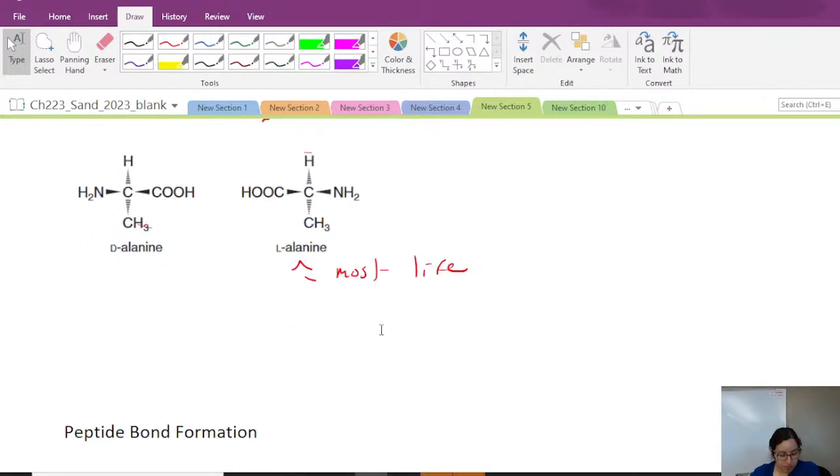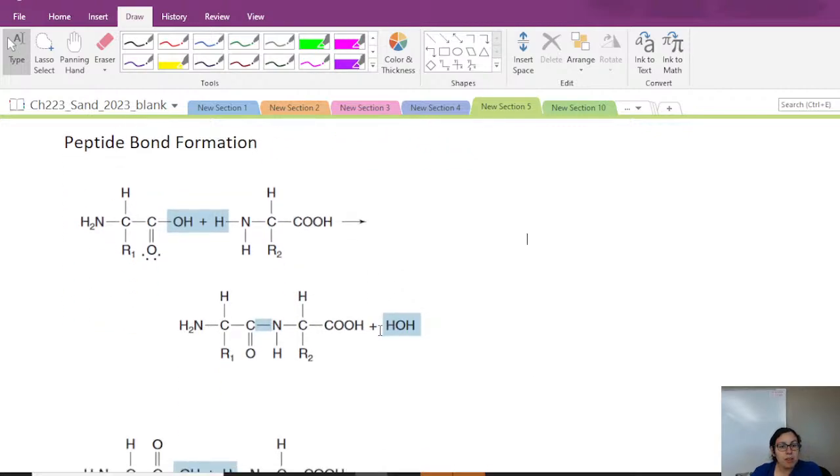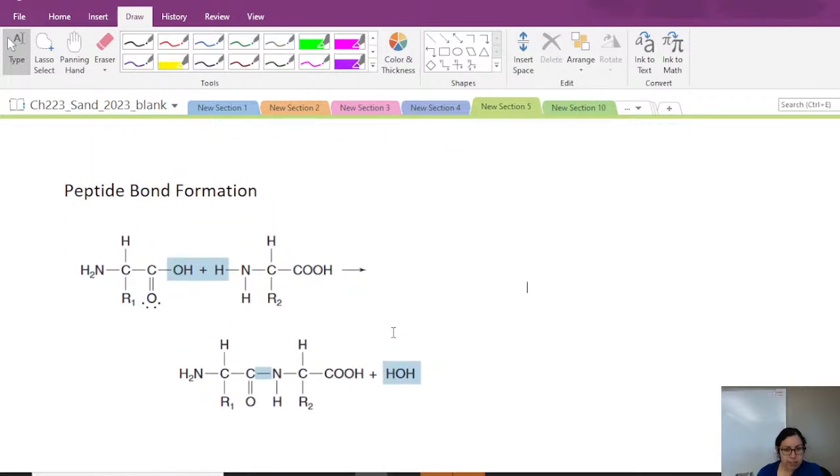And so, let's see. Looking at peptide bond formation. What type of reaction is this again? Condensation. So another condensation reaction. It should be a little theme going here for you guys. Again, you just want to identify what's going to be leaving.